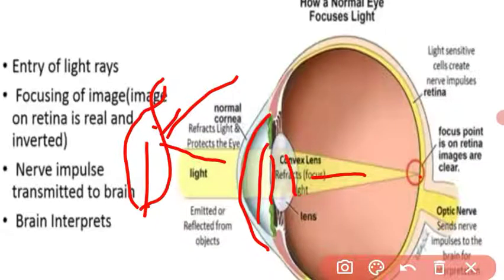This point is called the yellow spot. Understood? First, entry of the light.